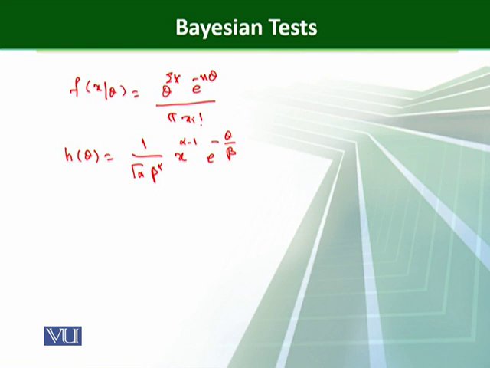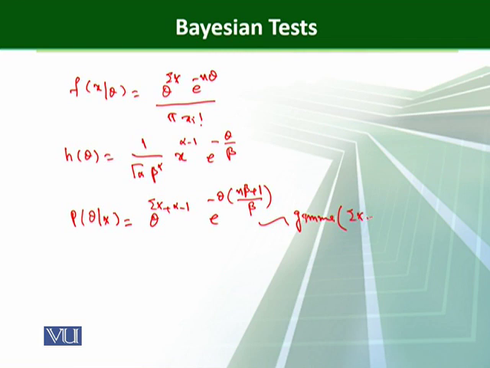Thus the posterior distribution p of theta given x is theta raised to the power sum x plus alpha minus 1 into e raised to the power minus theta into n beta plus 1 over beta, and it also follows a gamma distribution with parameters sum x plus alpha and beta over n beta plus 1.